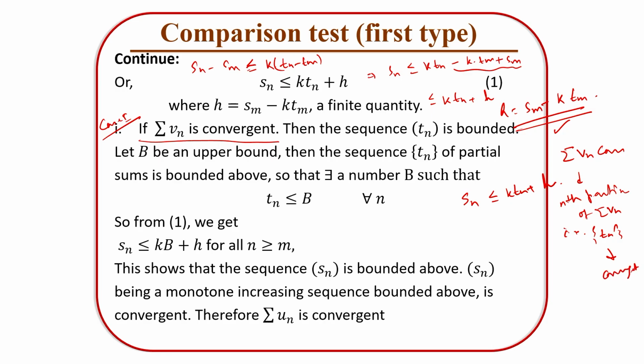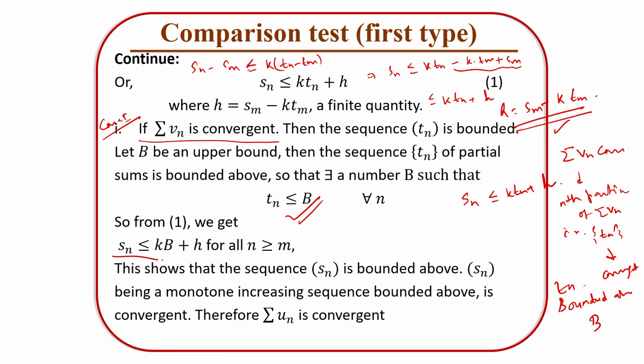And I had already told you that if a positive term series has a monotonically increasing sequence of nth partial sums and it is convergent, then it is bounded above. So Tn is bounded above by some number b, and this is true for every natural number n.